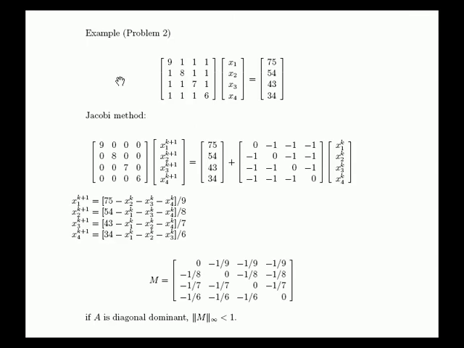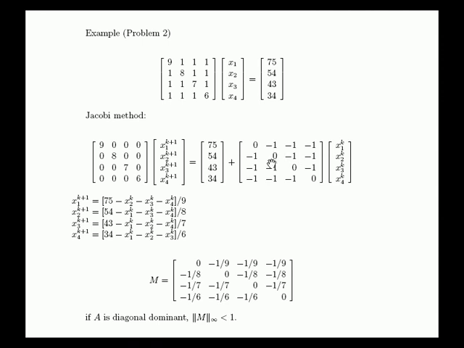Okay, we're going to do an example with this 4x4 linear system. This is problem 2 in the book. The Jacobi method: N is the diagonal part, as I said, and P is everything else. This is P. So N minus P is the original A. We take the minus P on the other side as plus P here.